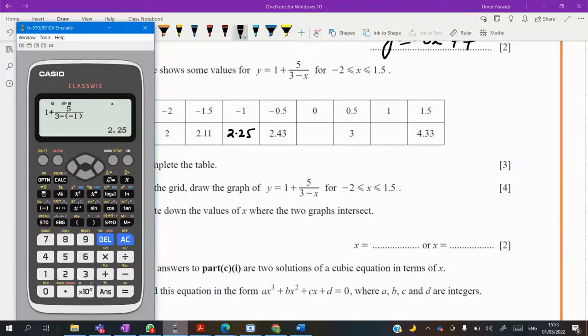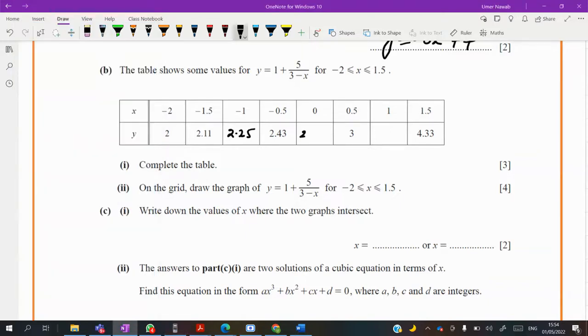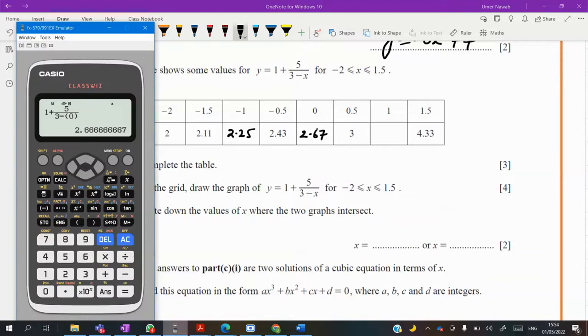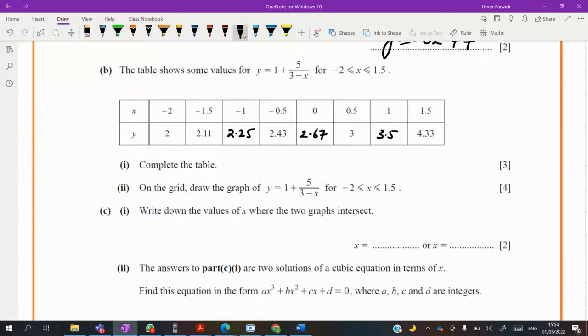Now again, take out the calculator, erase the -1 in the bracket and write 0. You get 8 over 3, which is 2.67. And the other point which is left to us is 1. It gives 7 over 2, which is 3.5. So look, the table is completed.